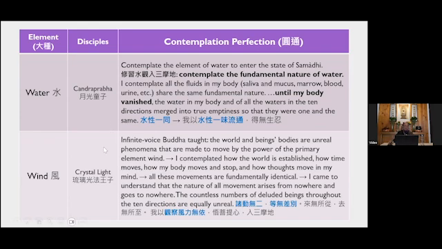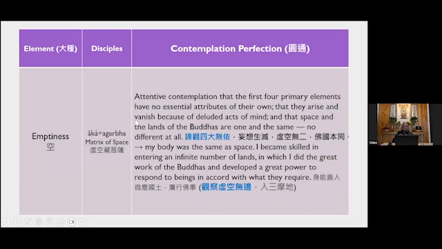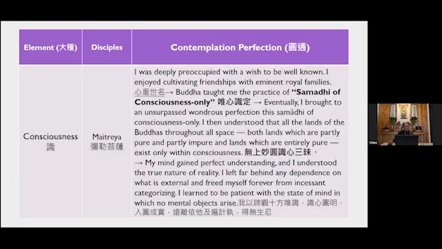Okay, and so the time is up, and I'll briefly talk about this next time. And the four elements, and then emptiness, the voidness. Remember that process: elements, voidness, and consciousness. Maitreya. Okay.